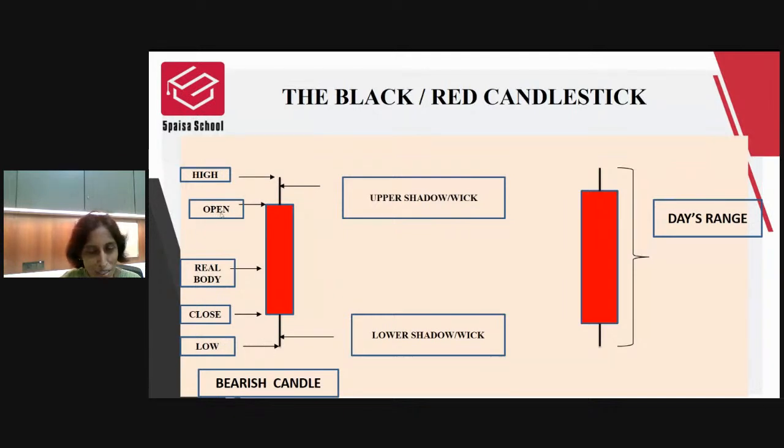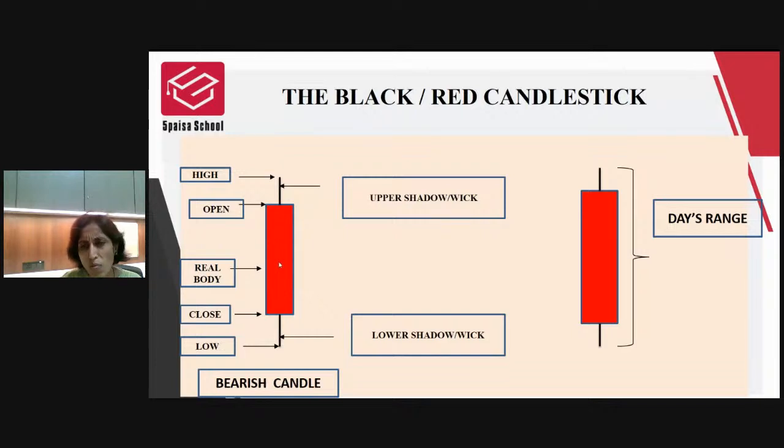When the market sentiment is bearish, the closing prices will be way below the opening prices. So it is the difference between the opening prices and closing prices which determines the length of the real body. The higher the range between the open and close prices, the longer the real body.